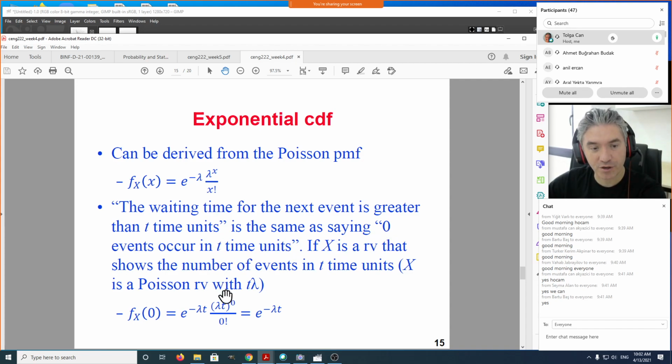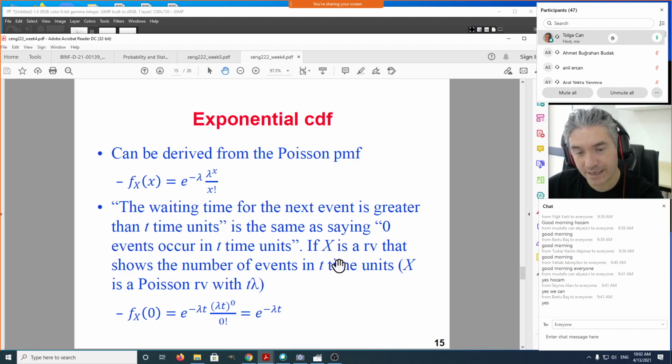So we change our lambda to t time units if lambda is given to us as a single time unit. For example, lambda is given to us in hours, so whatever this t time is, we have to convert to that, and this t is actually the exponential random variable. So we are going to write lambda t here. We don't know what this t is; that's our random variable.